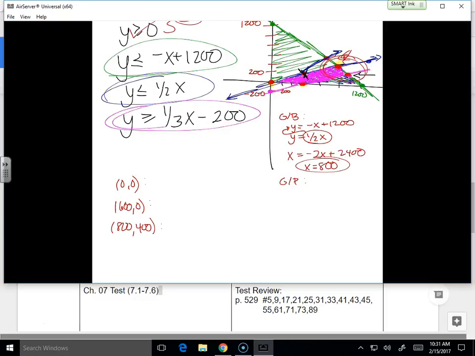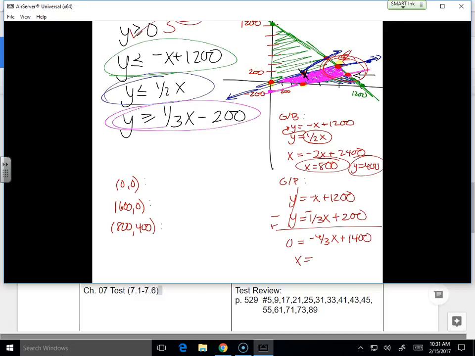For green and pink, we could have taken those 2 equations. y equals negative x plus 1200. Pink would have been y equals 1/3 x minus 200. We could have done an elimination-y thing, just to be easy. 0 equals negative 4/3 x plus 1400.